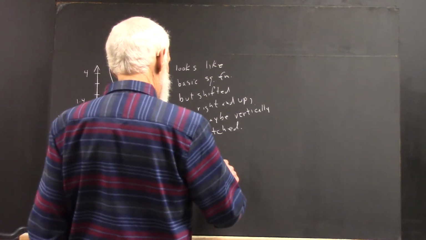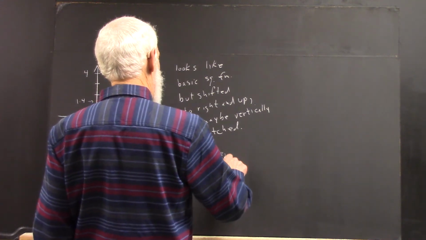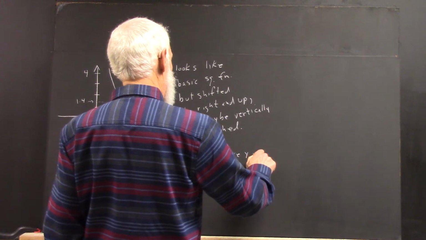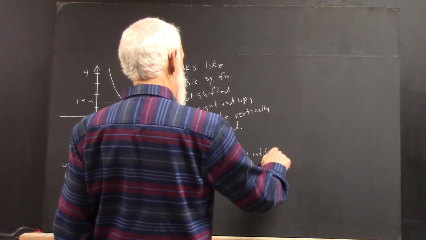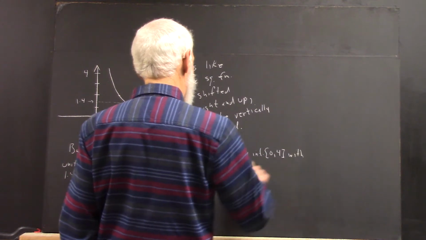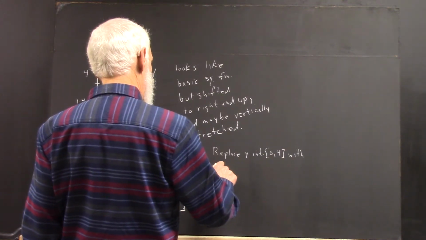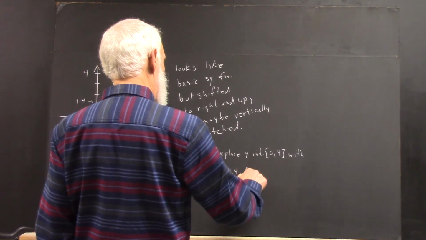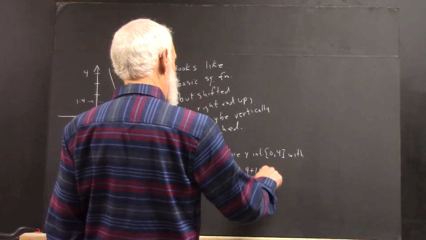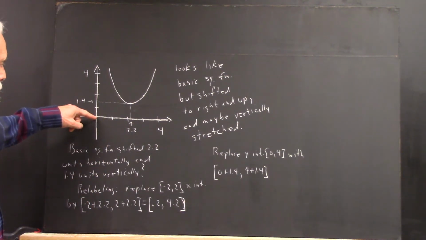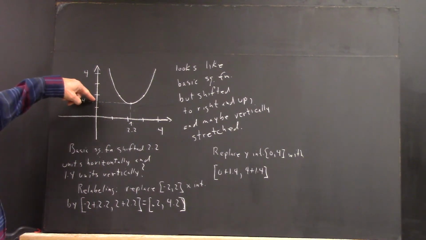And then, because of course the vertex has to go from 0 up to 1.4, right?